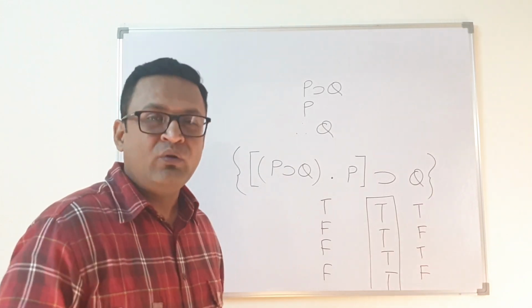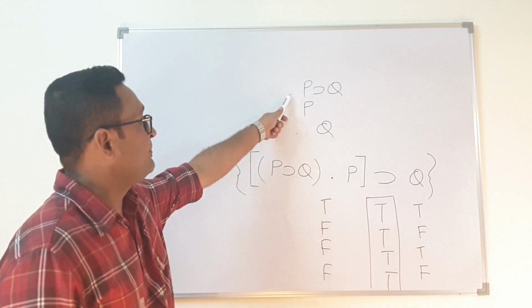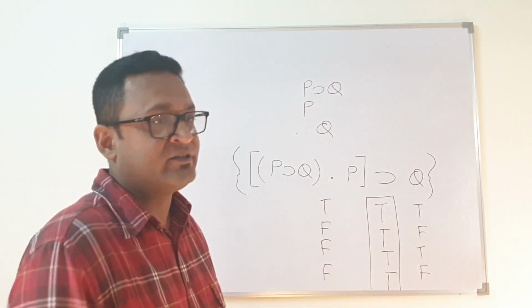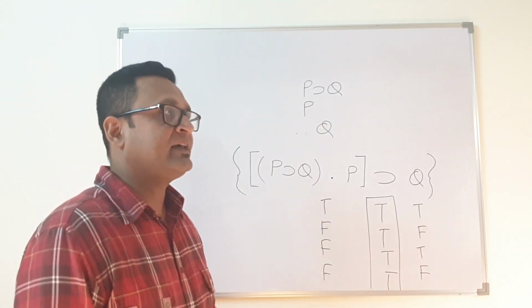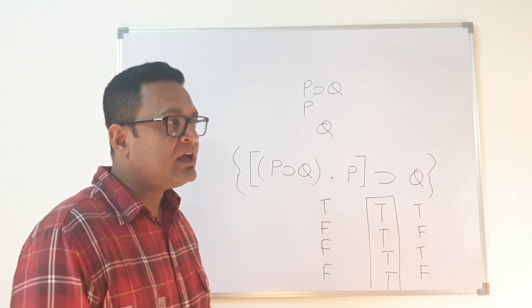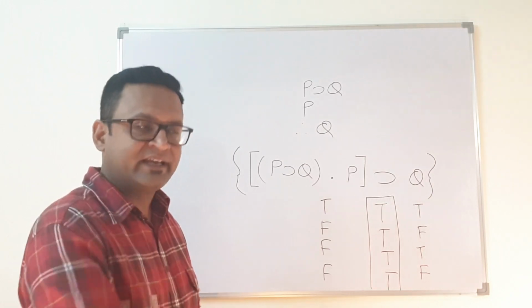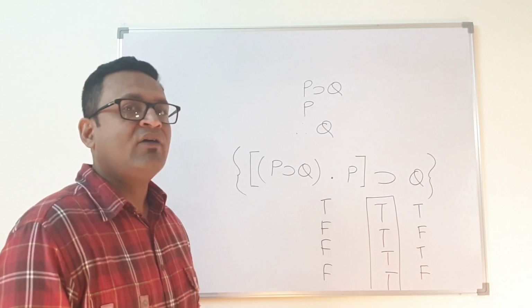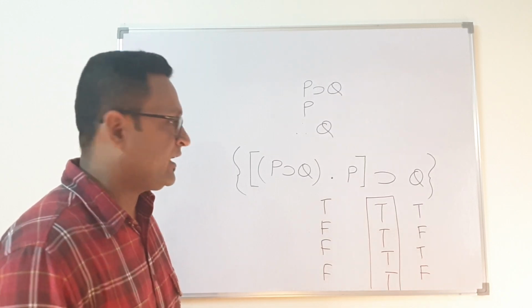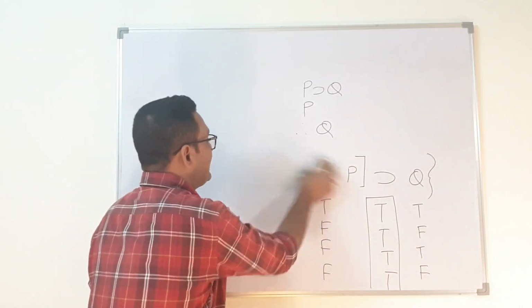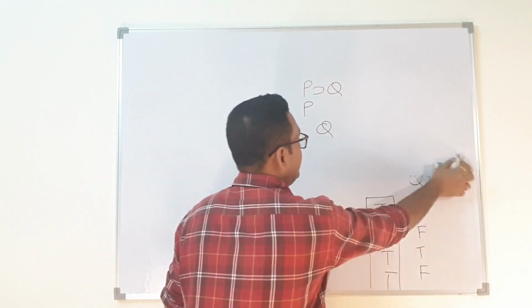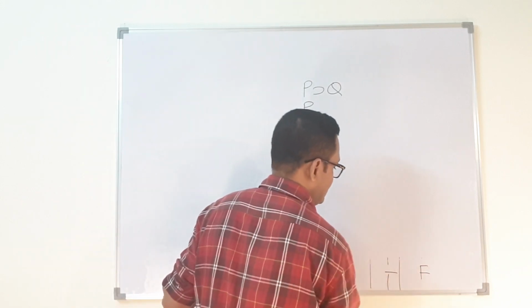But you might be bored with this example, P implies Q, P therefore Q, and so on. So let us today take a new example which we have not taken already, and see how we can check the validity of that argument. And maybe we will take an argument which is not in itself connected with each other, right?